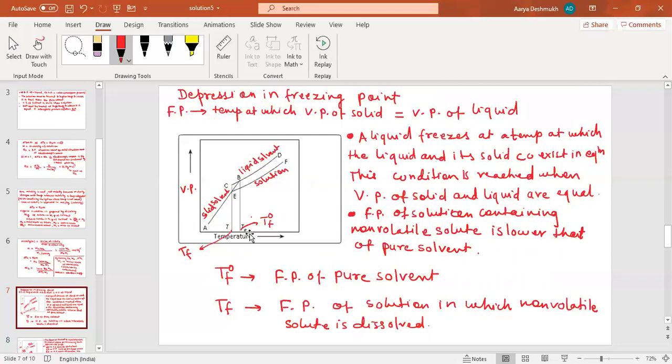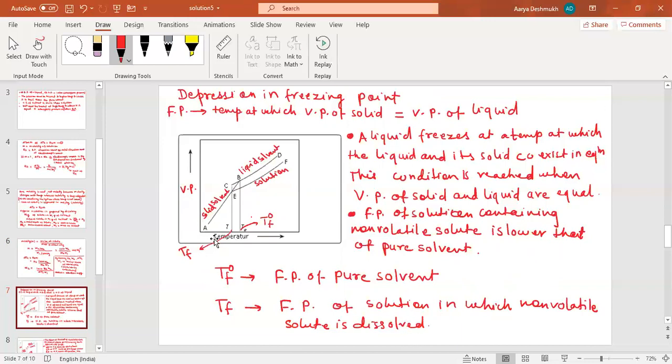Point B corresponds to the freezing point of the pure solvent, whereas this point E corresponds to TF. TF means nothing but the freezing point of the solution in which non-volatile solute is dissolved.